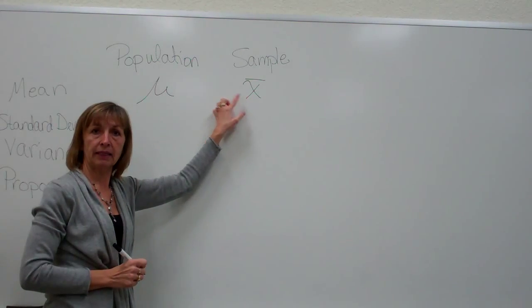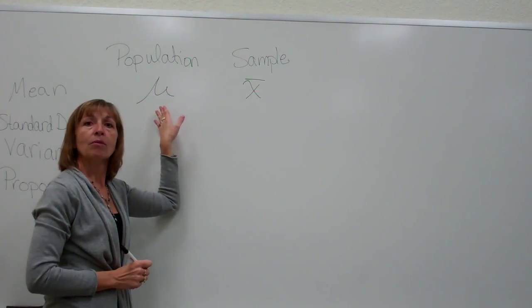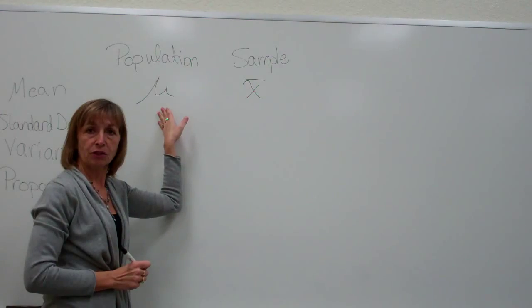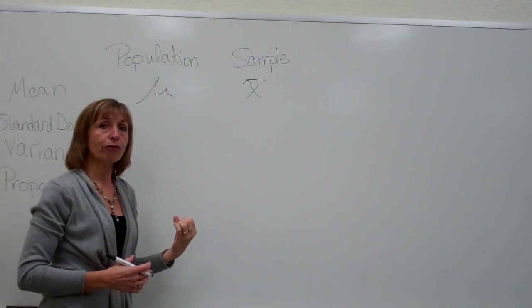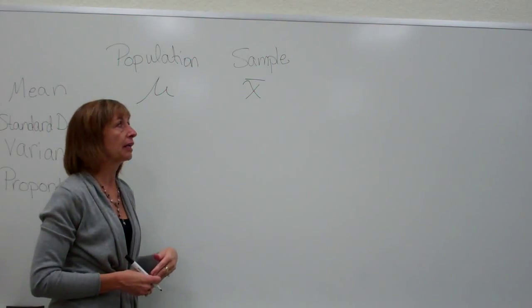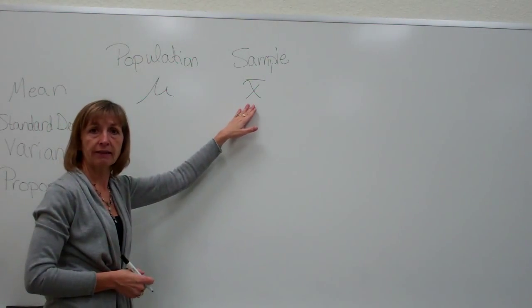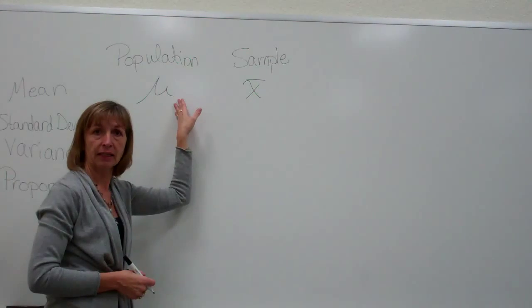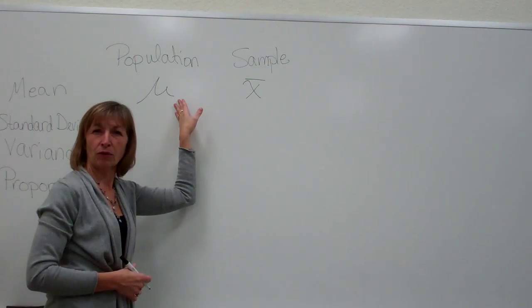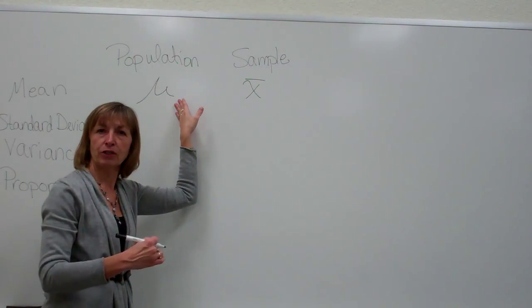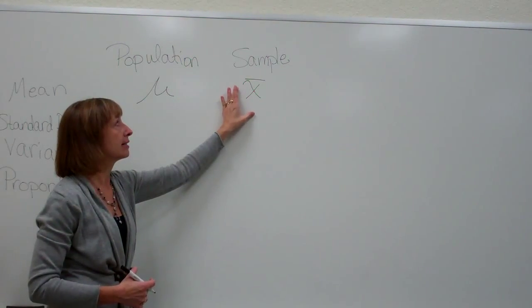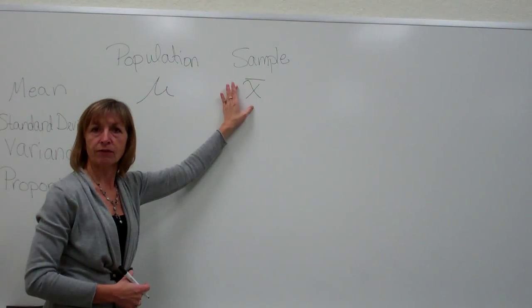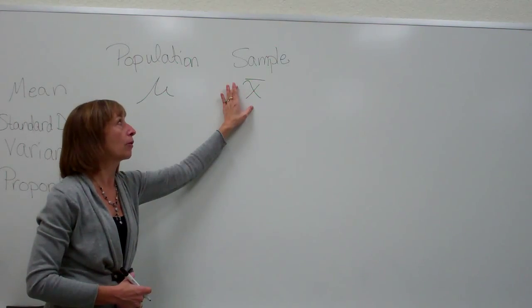So X-bar is the sample mean, a statistic. Mu is the population mean, a parameter. The formula doesn't change between the sample mean and the population mean. So when it's reported on your graphing calculator, if you're allowed to use that in the class, you would look across from the X-bar for the mean.